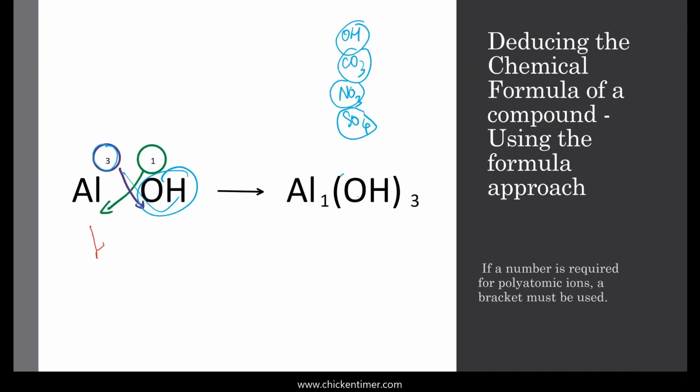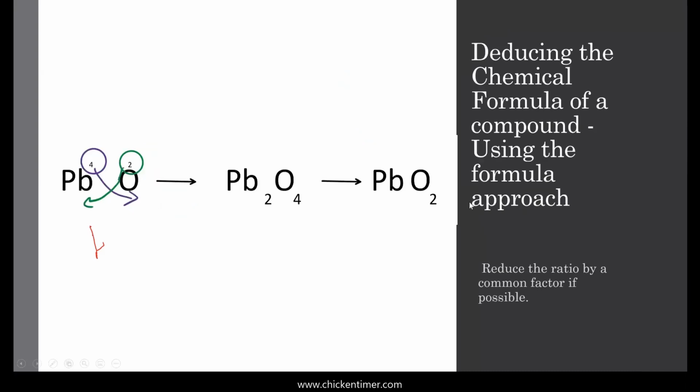Because of that, you then need to put a bracket like that. Then there's this. You crisscross, you get 2 and 4. Then you can just reduce it by a common factor, so it becomes 1 and 2. So down here is really, you have to go and remember that chart.